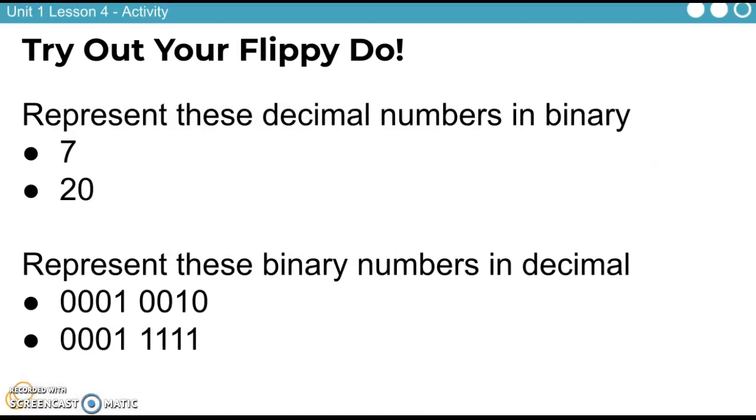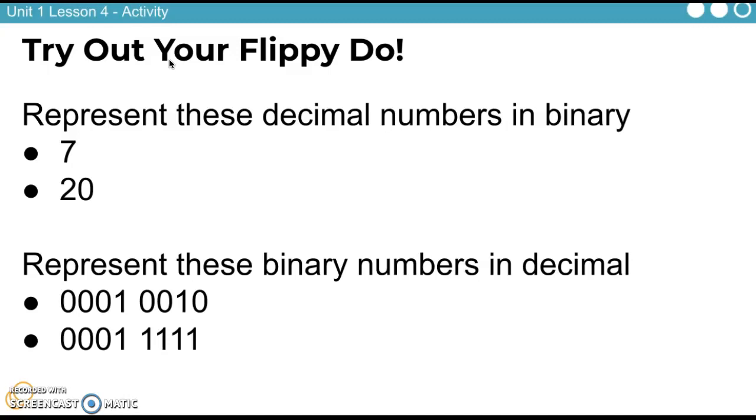Okay, so now you're going to work through your Flippy Do. Try this out. Try out your Flippy Do. Represent these decimal numbers in binary. So you're going to take out your Flippy Do and you're going to flip up the numbers that will flip up.